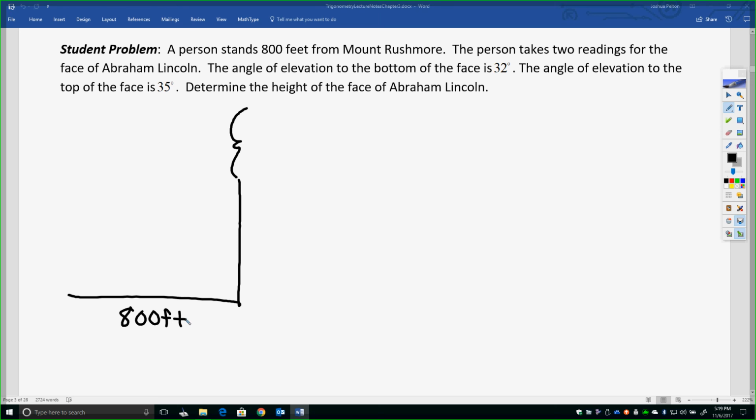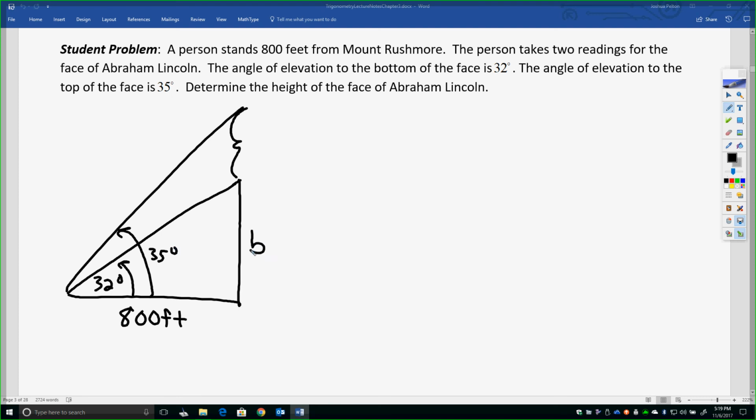And our 2 angles, so our first angle to the bottom of the face is 32 degrees. And to the top of the face, that is 35 degrees. So we'll call this the base, and we'll call this the whole thing. And we'll call this piece right here just the face height.